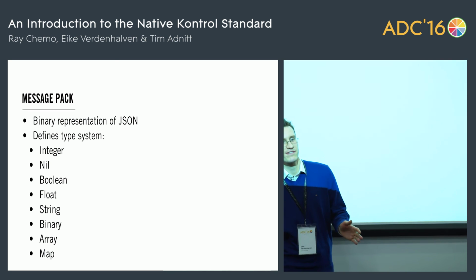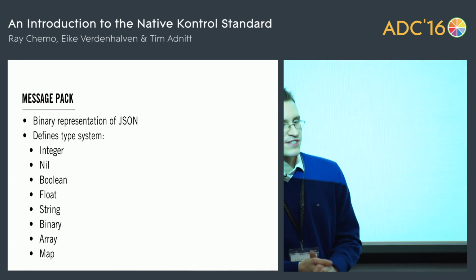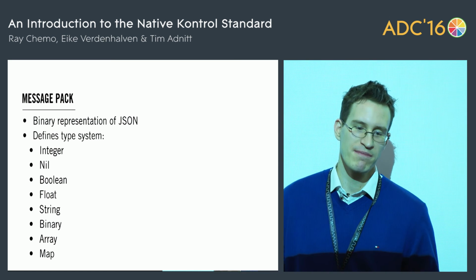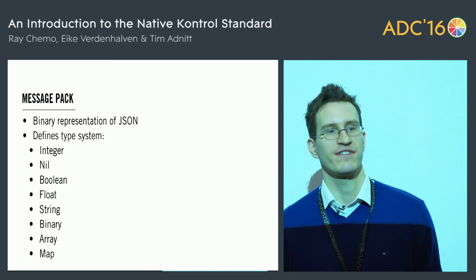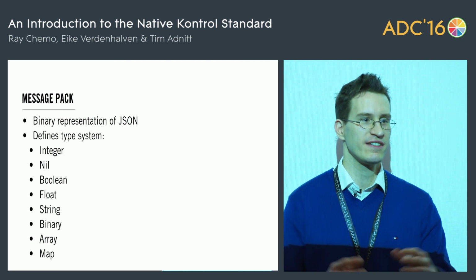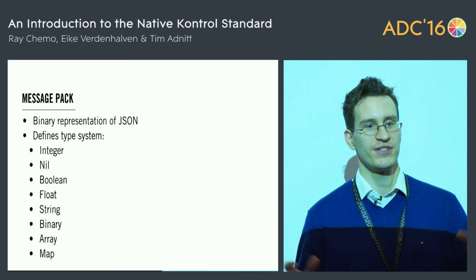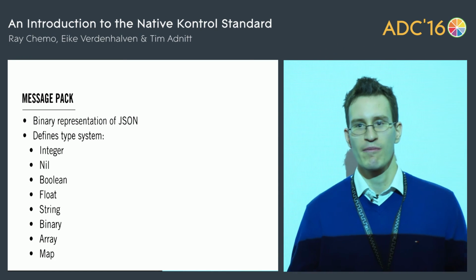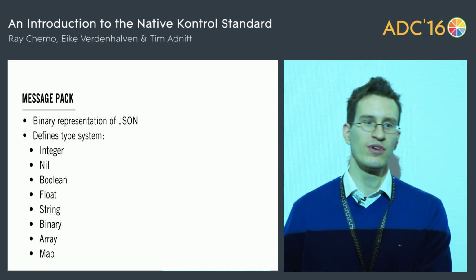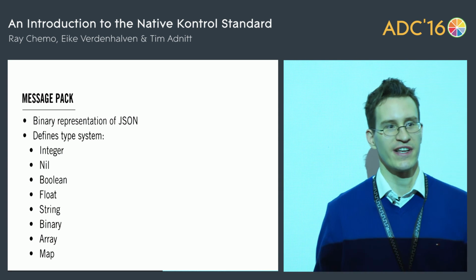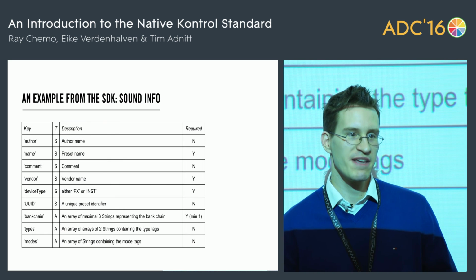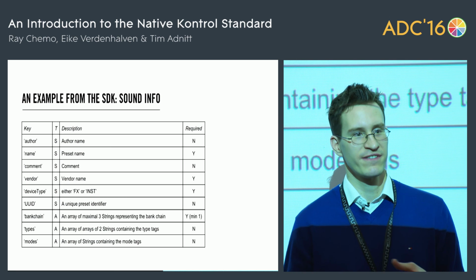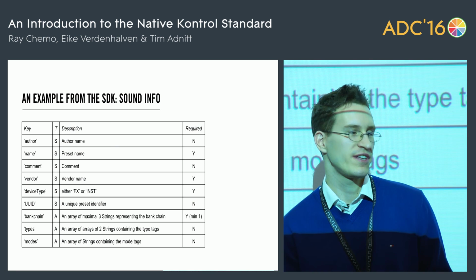So let's talk about MessagePack for a second, because that's something maybe not everybody is familiar with. It's also straightforward. MessagePack you can basically map one-to-one to a binary representation of JSON. If you know JSON, this human-readable format that offers you the notion of associative arrays, so key value maps, arrays, and a set of Boolean, numeric and string values, MessagePack has the same notion, just that it is a bit stricter on the type system, and it has a very compact and very efficient binary format for these.